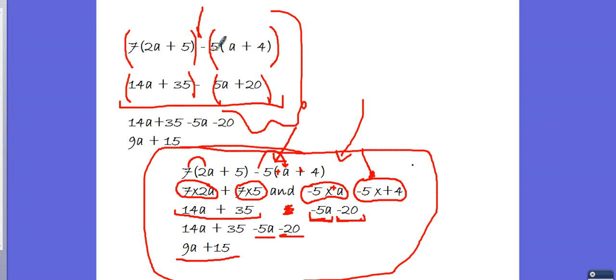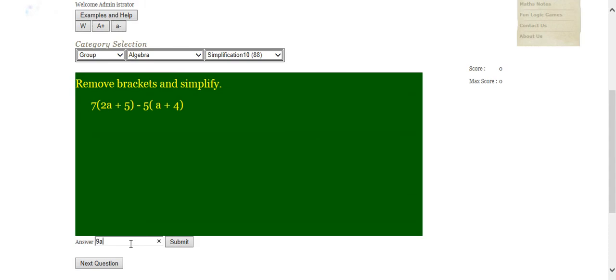You know that taking away five groups of a is just minus 5a, and taking away 5 groups of 4 is just taking away 20. It's a quicker and easier way to think about it, to just apply the method. You'll use it, you'll get your answer. Submit your answer, get your score, and you'll move on to the next section.